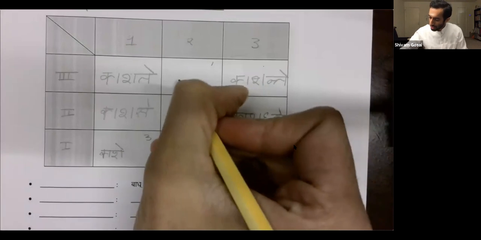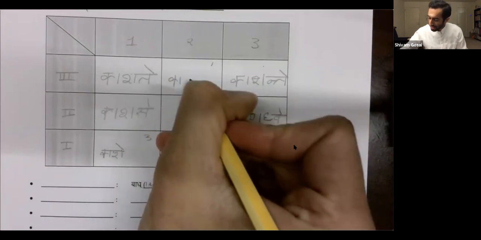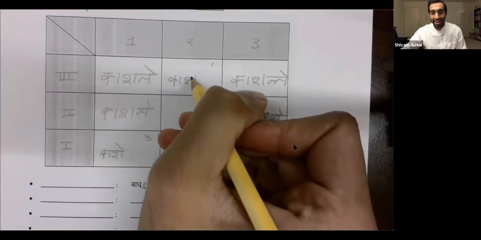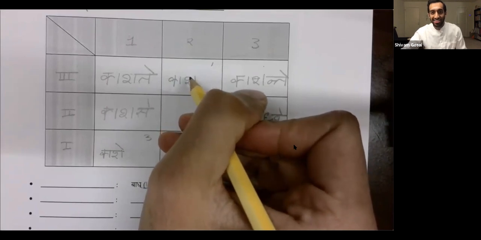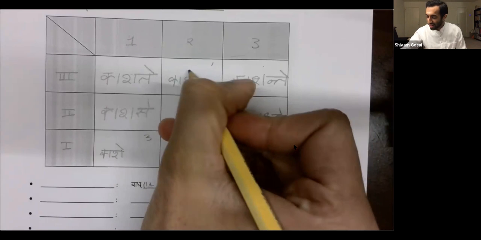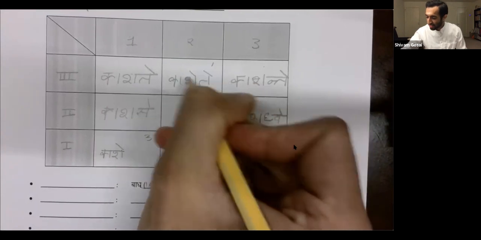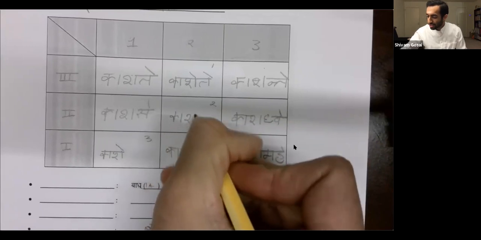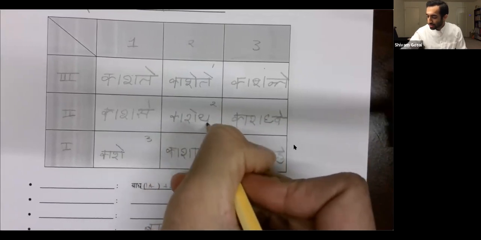Okay, so kash, and I'm adding ite, so it becomes, yeah, looking good. The answers are looking good. All right, kashete and kashete.